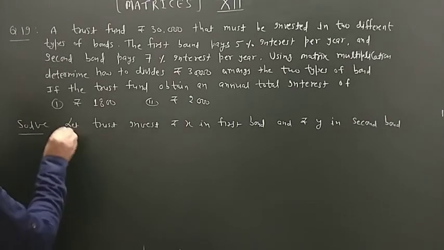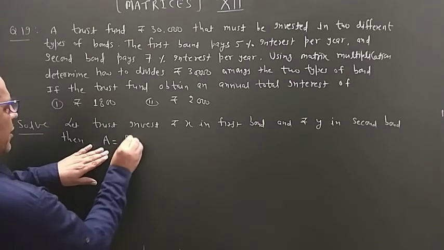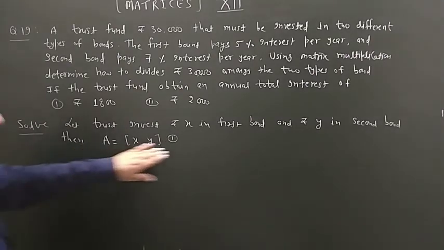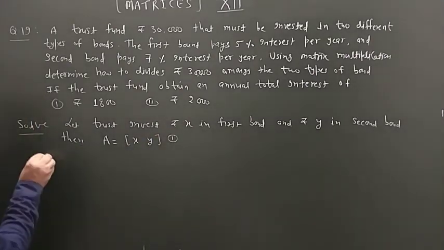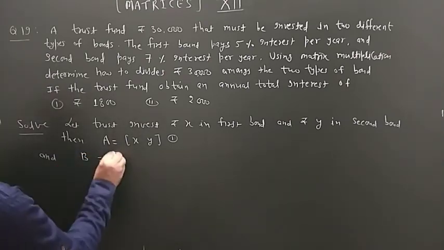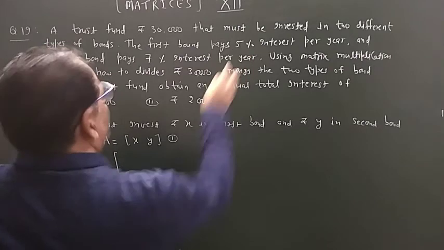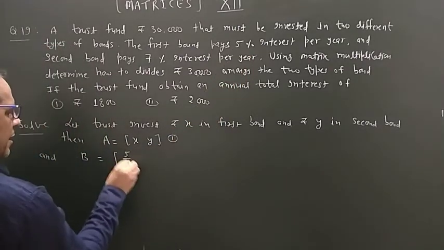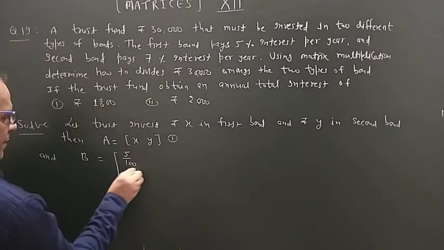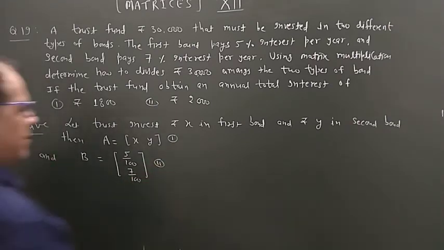Then A equal to, this is the investment matrix, taken as a row matrix, and B is the annual interest matrix. So here it's taken as a column. In the first, investment goes to 5%, so 5 upon 100, and the second bond pays 7%, so 7 upon 100. This is the interest rate matrix.